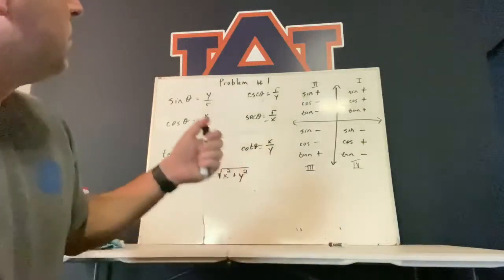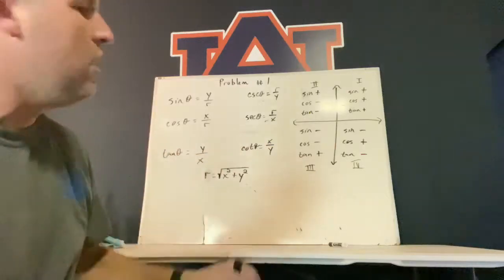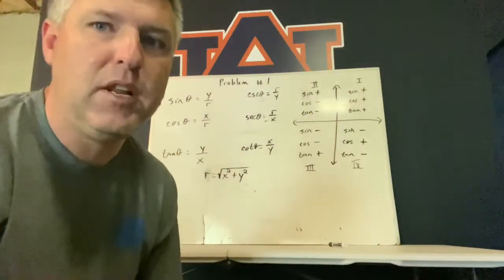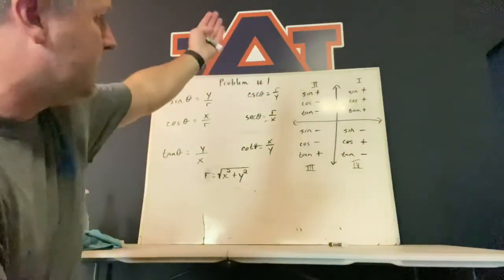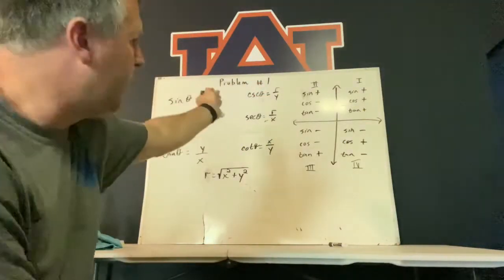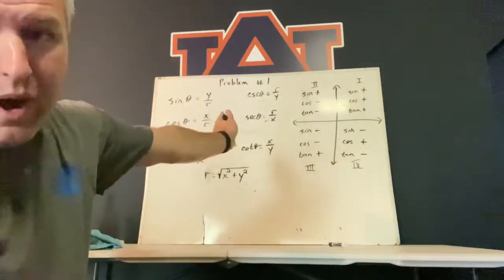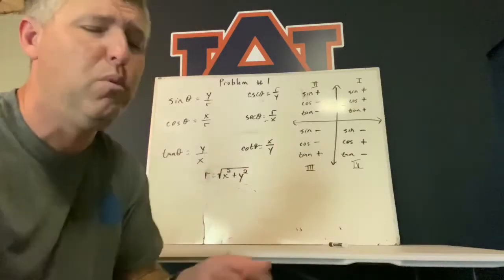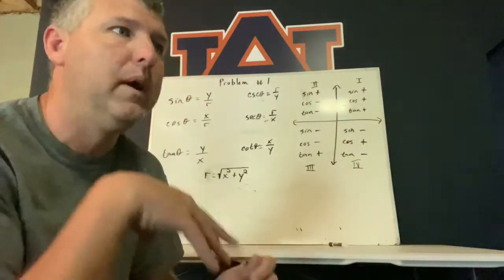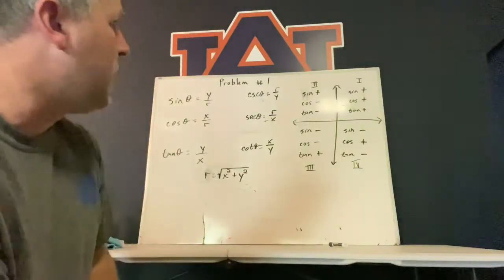In quadrant 2, sine is positive and cosine and tangent are negative. Why is that? Because sine is represented by y, which is above the x-axis, and everything above the x-axis is positive. Cosine is negative because it's to the left of the y-axis, so the x values are negative there. If I were plotting a point, what's positive and what's negative, you should be able to handle that.